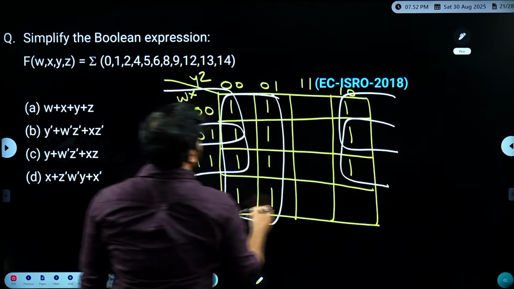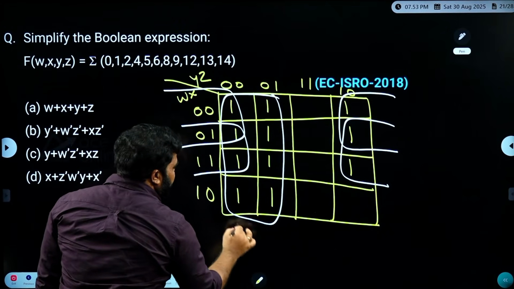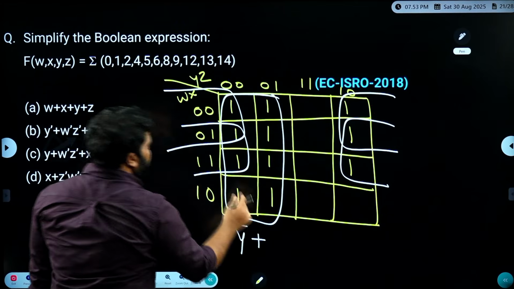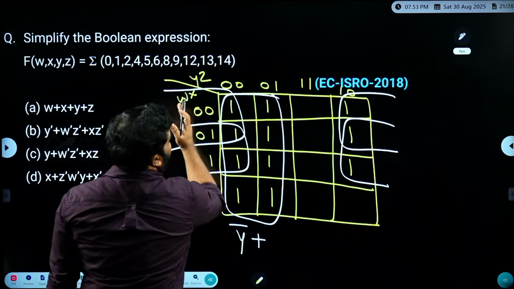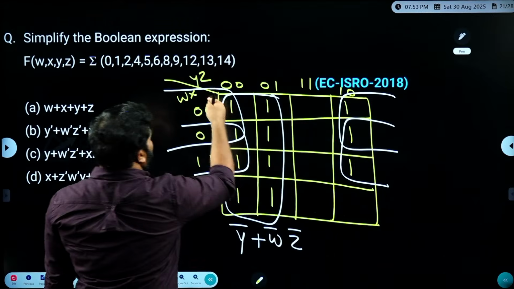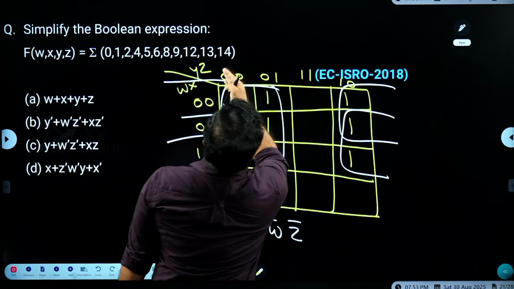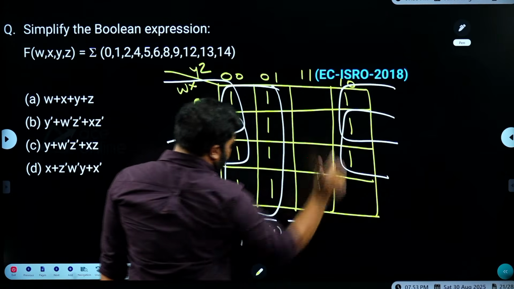Then let me write the simplified expression. In this octet, y equal to 0 is not changing, so y bar, plus in this quad, w bar and z bar. Why? Here x is changing, w equal to 0 is not changing. In this, y is changing from 0 to 1, z equal to 0 is not changing.